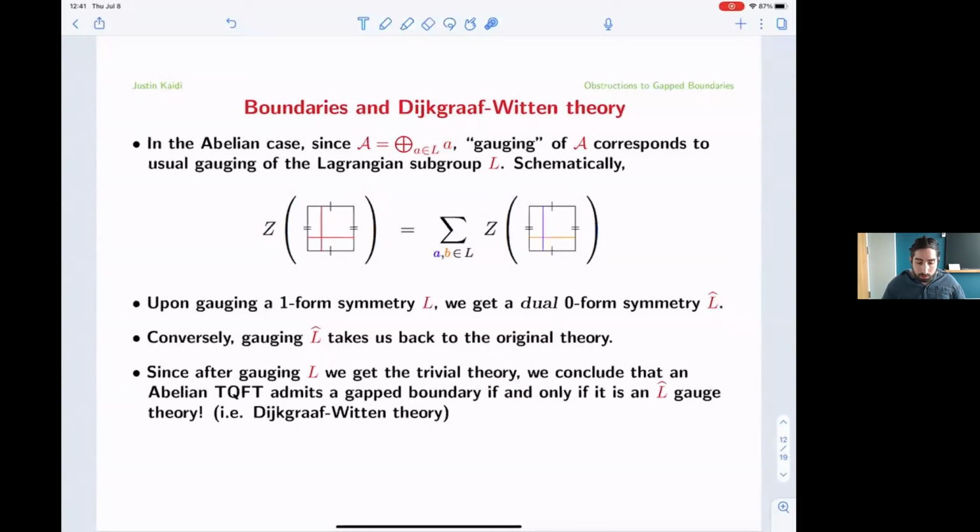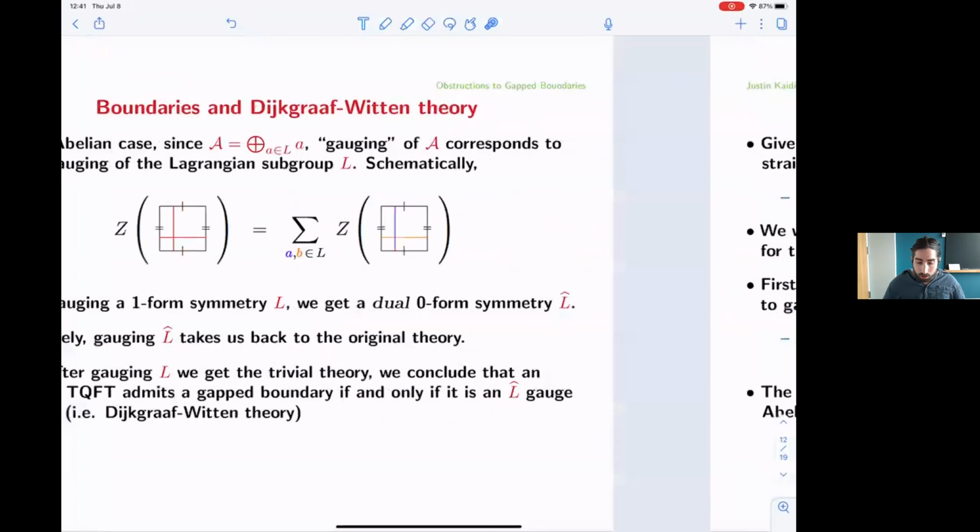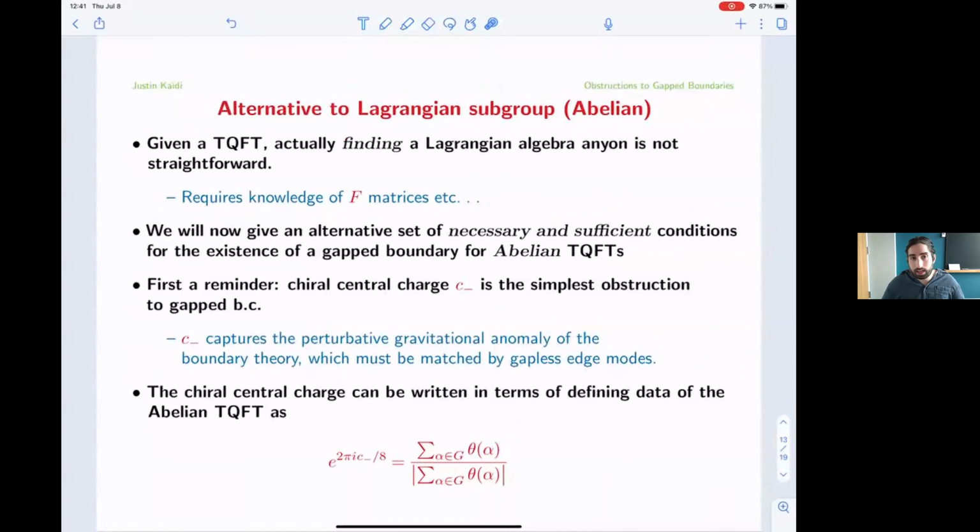All right, so thus far I've told you a lot of things about Lagrangian subgroups and Lagrangian algebra anyons. But actually, if you're just given a TQFT, finding a Lagrangian algebra anyon is not really straightforward. This is partially because in general it requires knowledge of, say, F matrices, et cetera, et cetera.